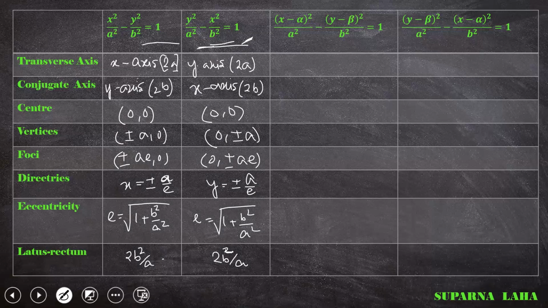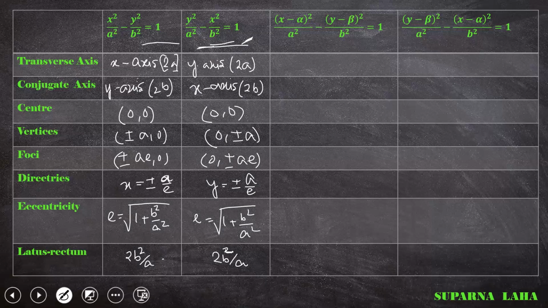Now moving to the next equation. We generally don't use this equation in your NCERT book. There is very little application of these last two equations. So x minus alpha the whole square by a square minus y minus beta the whole square by b square equals 1.